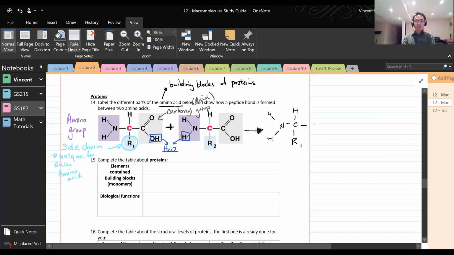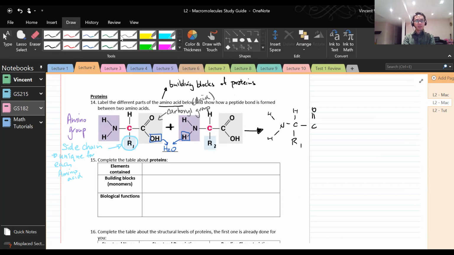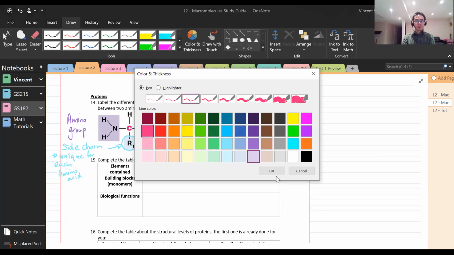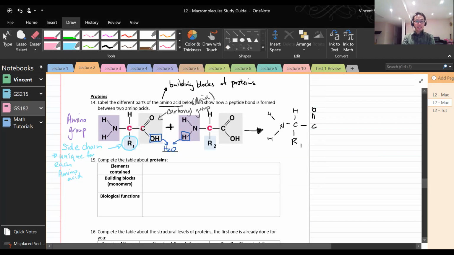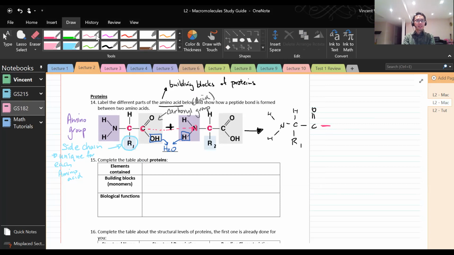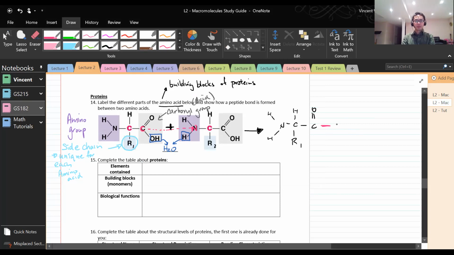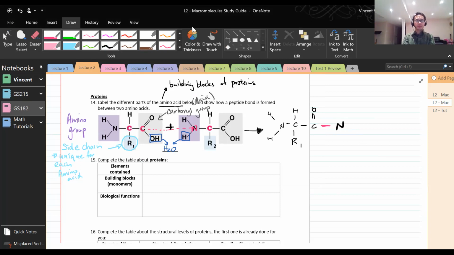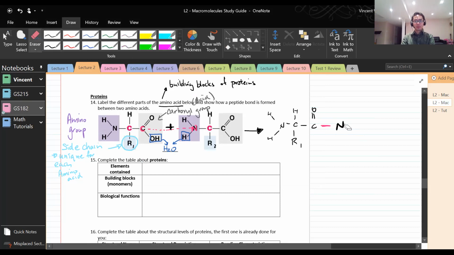And then we will have C double bond O. And then the new chemical bond is going to connect this carbon with this N. That's going to have a new bond right there. I'm going to draw the new bond in pink. And then we will have the N and the H.